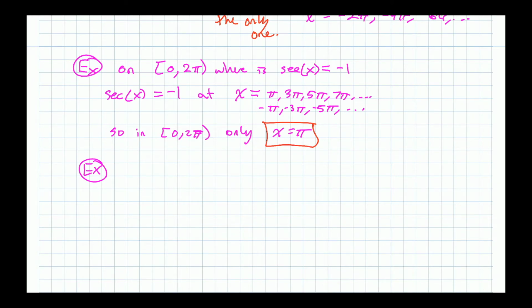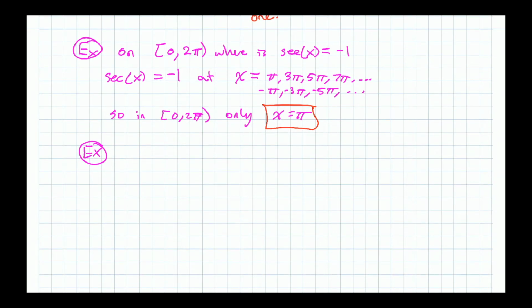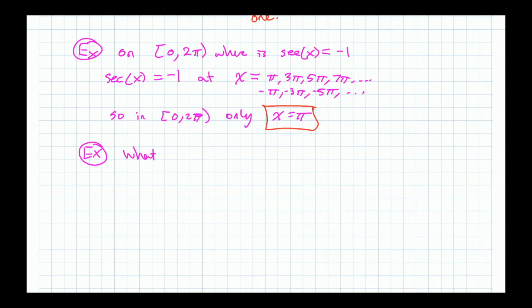Here's something that they might ask you. What they want is that there are certain values for the function that the function cannot get to, and there are also some values that you're not allowed to plug in. So here's a question that they like to ask: what x values are not in the domain of f of x equals secant x?